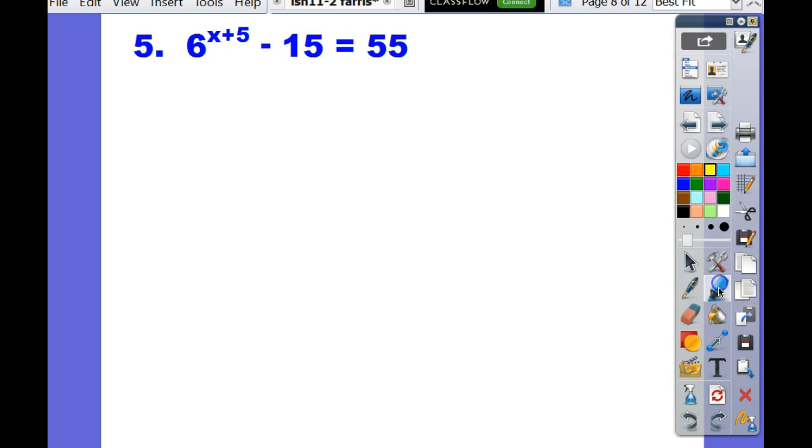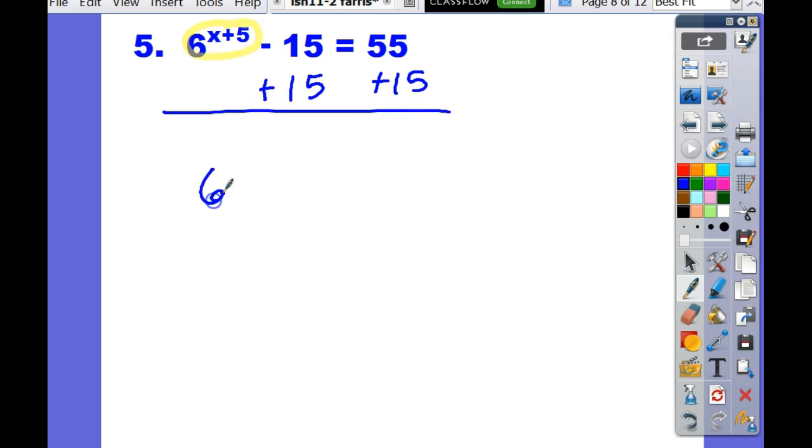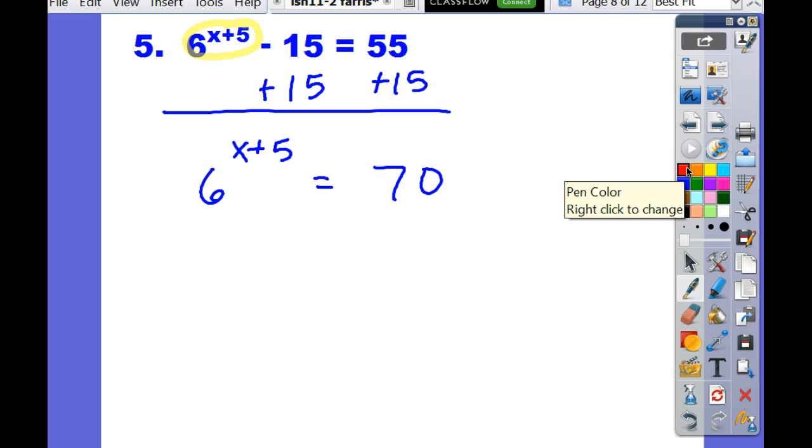Example number 5. You start by isolating the base. The 6 is the base because it has the exponent. To solve, I need to isolate the base. So what am I going to do with the 15? Then to solve, you take the log of both sides.